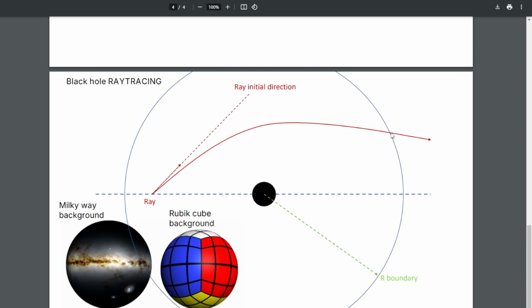Essentially, I need to map each and every one of these directions described by the rays. They end up on a sphere. I can imagine a sphere, and I can assign a latitude angle and a longitude angle for that direction, and I need to map that theta and phi, that latitude and longitude, onto an image.